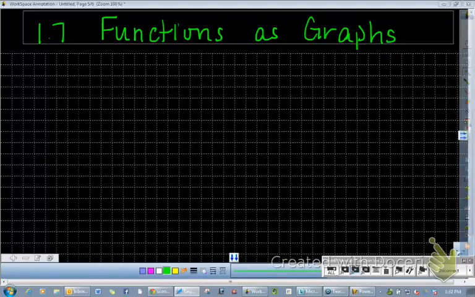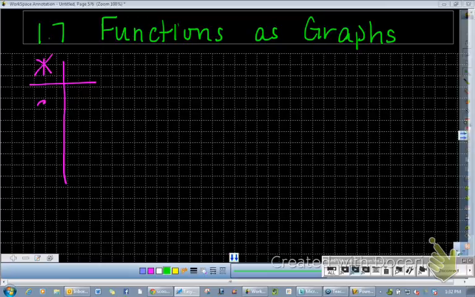They're going to give you a table. And they give you 1, 2, and 4 for your domain, and 2, 3, and 5.